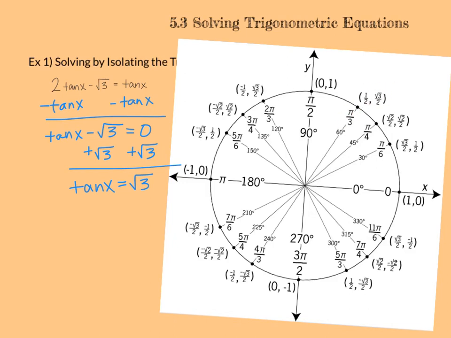Now, where else is it positive root 3? Well, it's also positive root 3 down here, where both the sine and the cosine, the y and the x, are both negative, because when we divide y by x here, we get a positive root 3 for our tangent. It does not work at 2 pi over 3 or 5 pi over 3 because the tangent would be negative there.